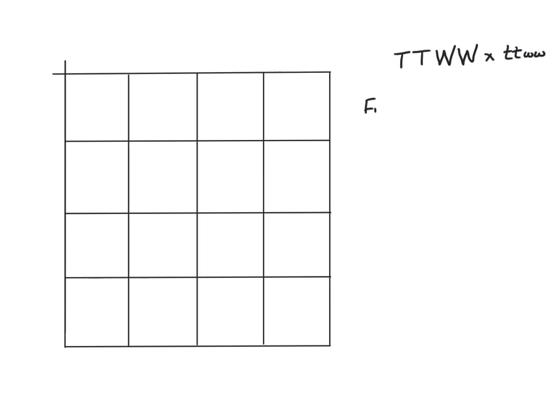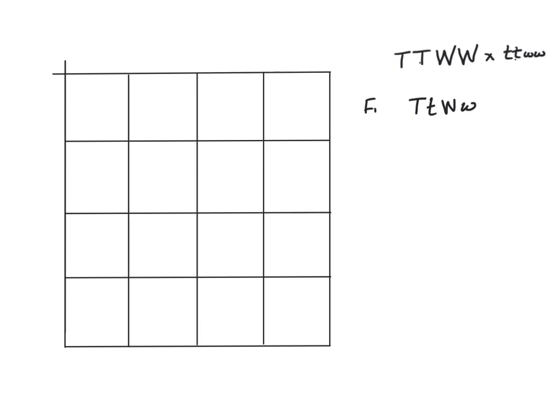This plant can only pass on tall and round seed characteristics, whereas this plant can only pass on dwarf and wrinkled. So 100% of our F1s here have to get a dominant T from this one, a recessive t from the other plant, a dominant W from this plant, and a recessive w from the other.